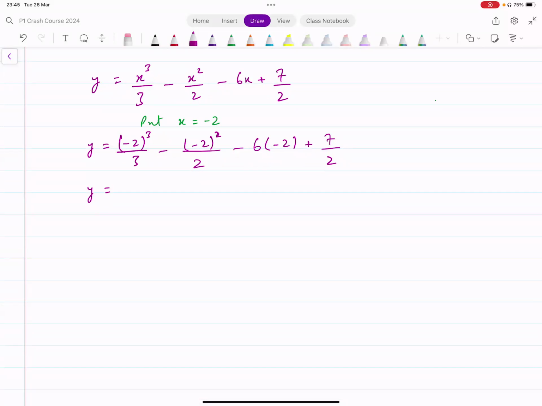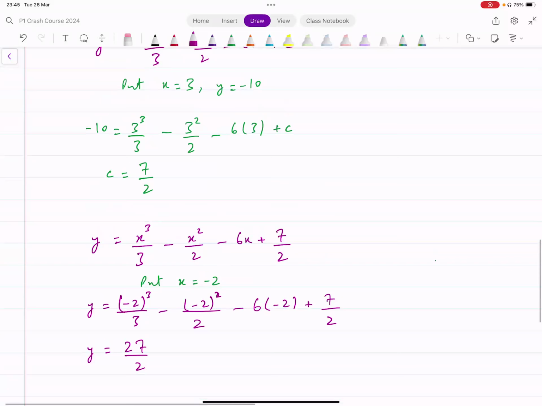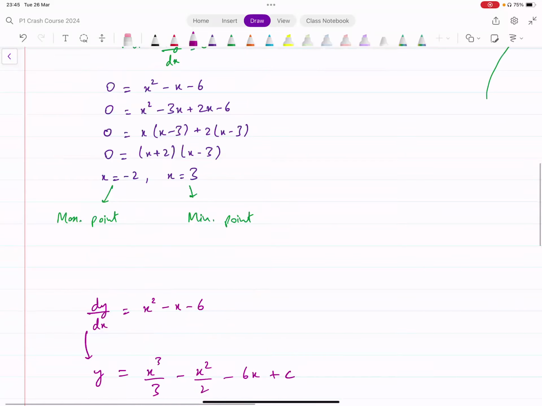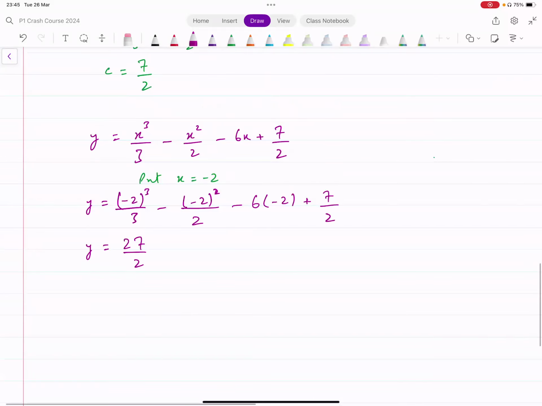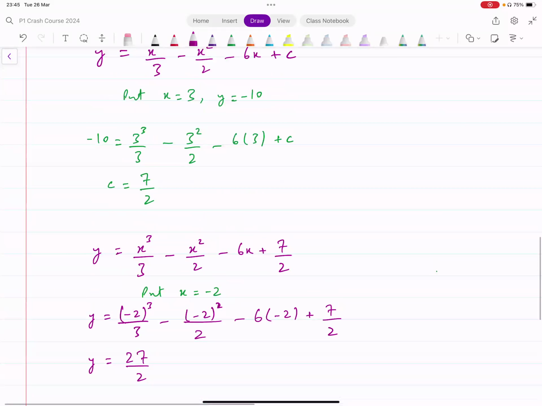Minus 8 over 3 minus 4 over 2 plus 12 plus 7 over 2. Sorry? 27 over 2. 27 over 2. Okay. I hope that working is correct, but that's the logic. As in, can somebody confirm this as well? If there's no careless error, can you check the marking scheme for the final result?